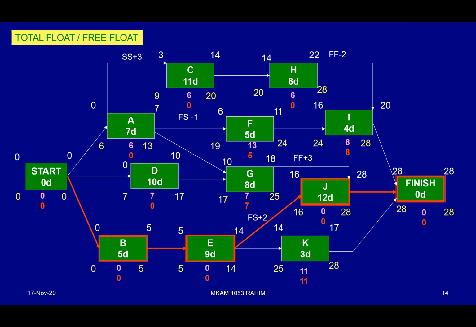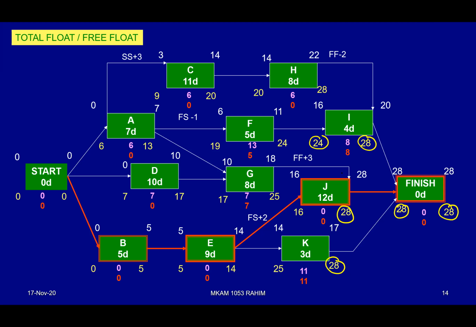Okay, so based on this right answer, now we want to do the backward pass again. Backward pass is 28 minus 0 equivalent to 28. 28 will be transferred here, here, and here. I think we have done with I. 28 minus 4 equivalent to 24. This is easy.